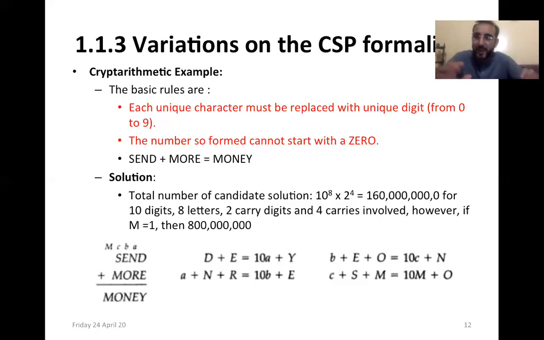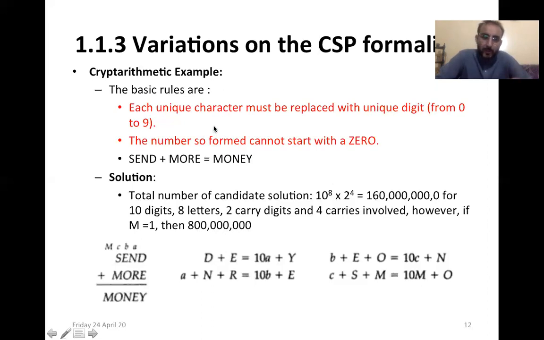Those possibilities will have zeros in the position of this M. So then we are only left with this. Maybe this is 80 million and this is something like 160 million. I don't know, maybe I am wrong. So this is only 80 million.